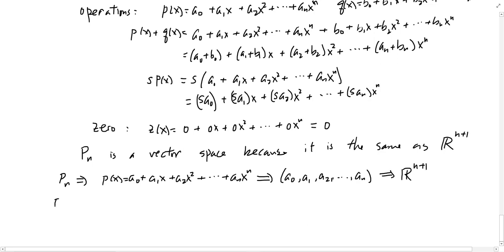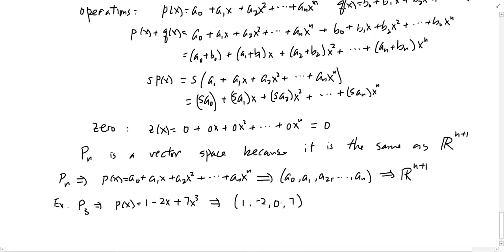If you want a more specific example, think of it the following way. Suppose I have P sub 3, and I have this specific function, p(x) equals 1 minus 2x plus 7x to the third. Then I can interpret this polynomial not as a polynomial, but simply as the vector (1, -2, 0, 7).